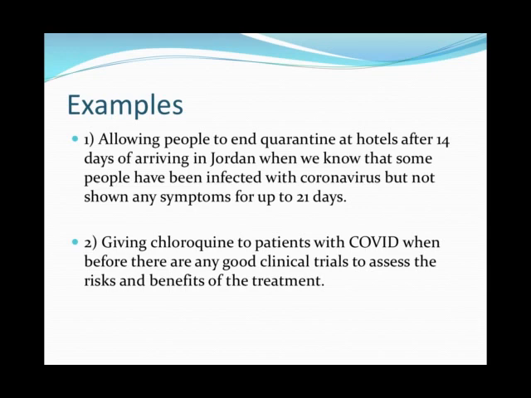They go in a hotel for 14 days, and then we allow them to end that quarantine. Even though we know that some people have been infected with coronavirus but haven't shown any symptoms for up to 21 days. So, is this a decision made under certainty, risky, or uncertainty?